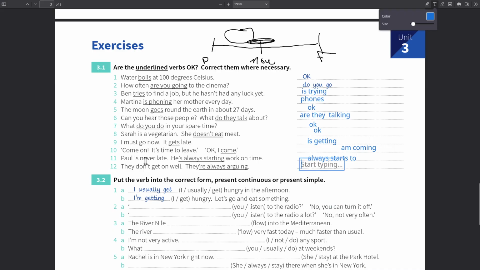Because you cannot get on well with somebody, right? But it doesn't mean you are always arguing with those people. So maybe that's something that happens more often than normal, right? So I think it's okay, because we are talking about an action that happens more often than normal. That is arguing with somebody. Okay.